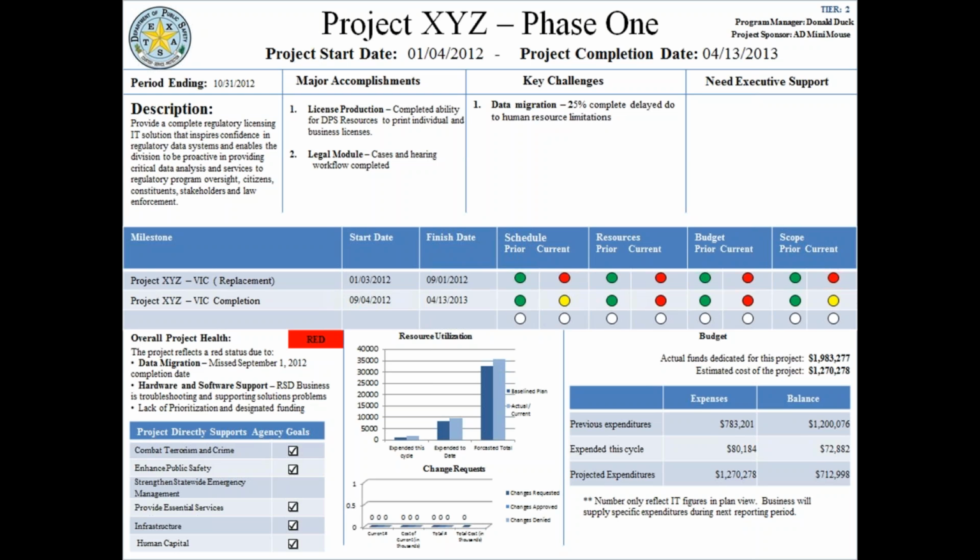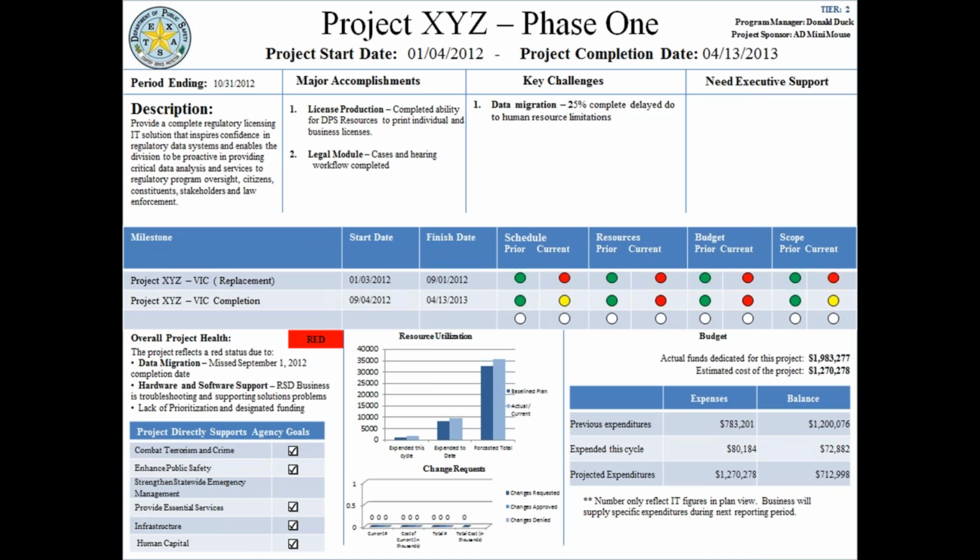This is just another dashboard that talks about a project. This is phase one, so this has a period ending of October 2012. It describes what the project is, what the major accomplishments are to date, and what challenges have been identified.